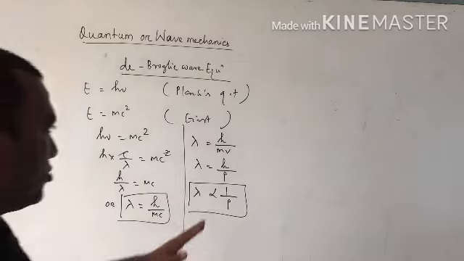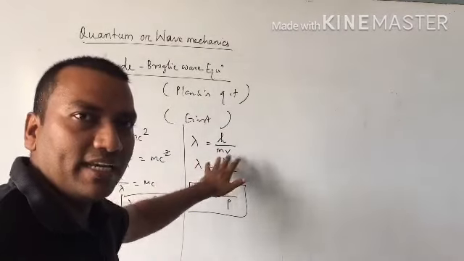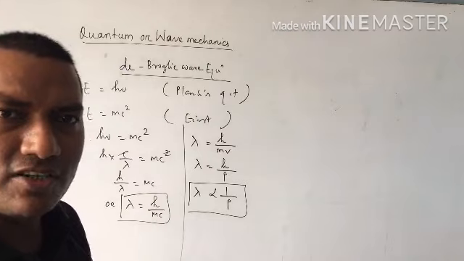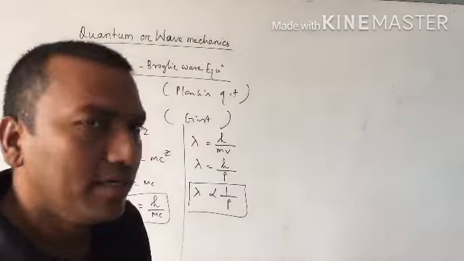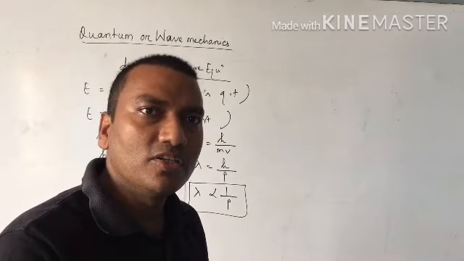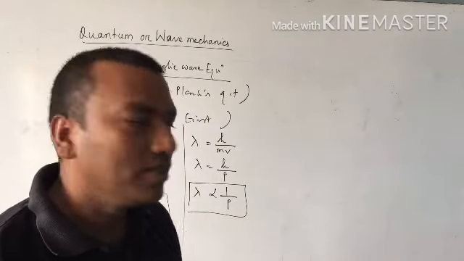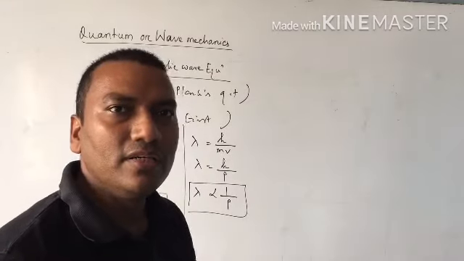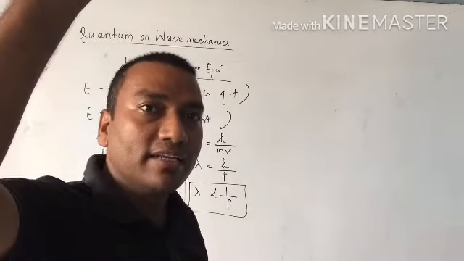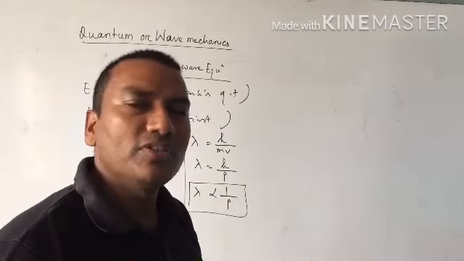Suppose we consider a macroscopic particle and take the mass. We know electron mass is 9.1 into 10 to the power minus 31 kg. But if you take a ball whose mass is 10 gram, and put this value here, the lambda value will come out as 10 to the power of something negative.